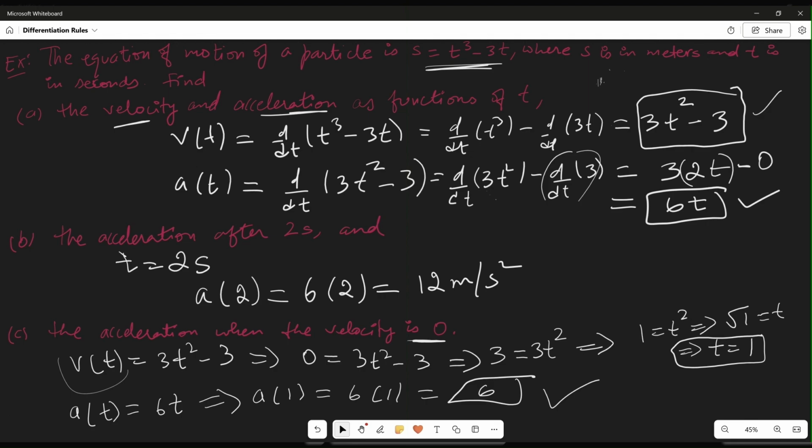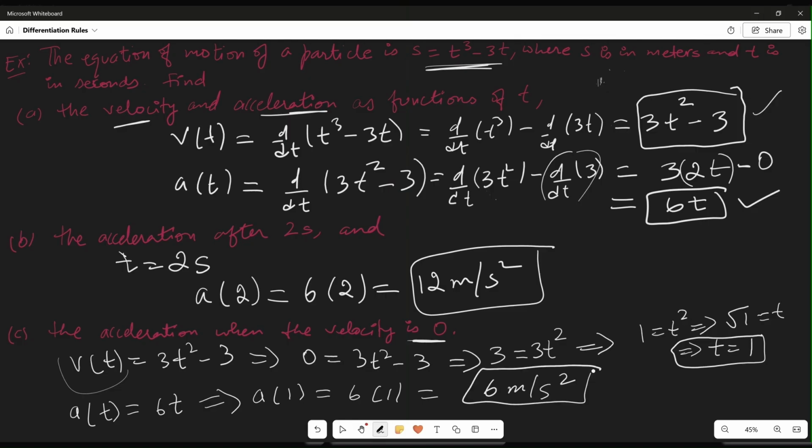So this is your meters per second. See, already forgetting. And this is exactly what I'm going to do in the exam as well. So make sure you're writing units, otherwise they're going to deduct your points. So the acceleration when the velocity is 0 is 6 meters per second squared.